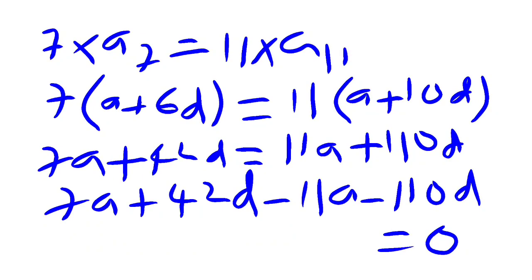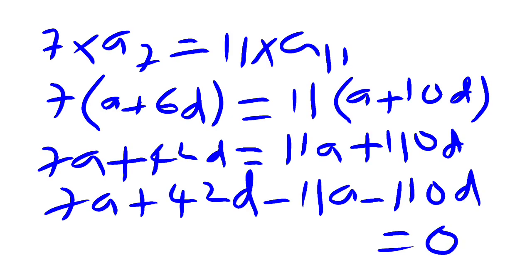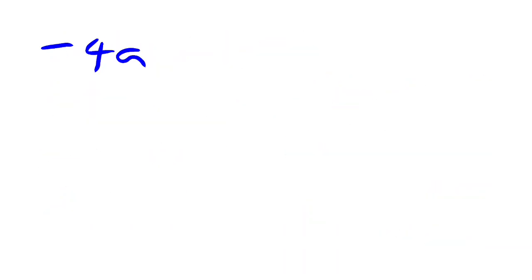See, let's simplify. 7a minus 11a equals minus 4a. Next, 42d minus 110d, minus 68d. So it is equal to 0.